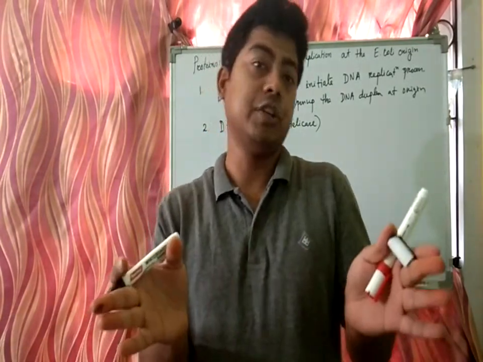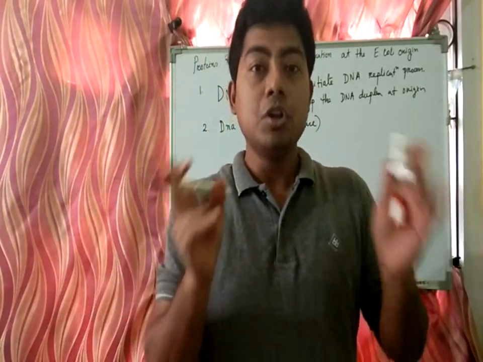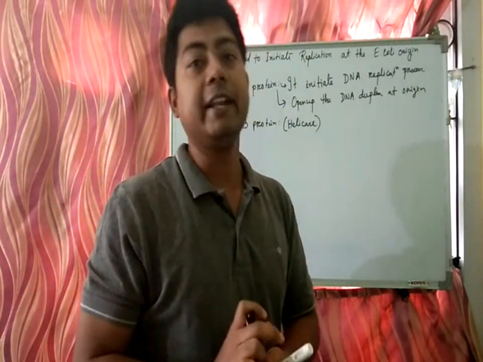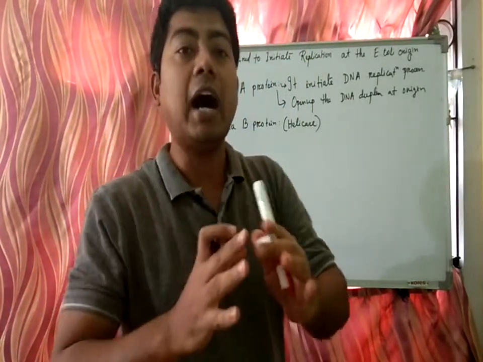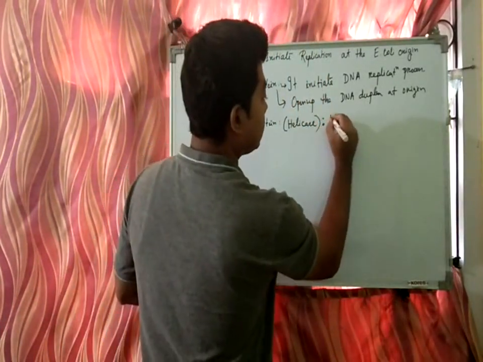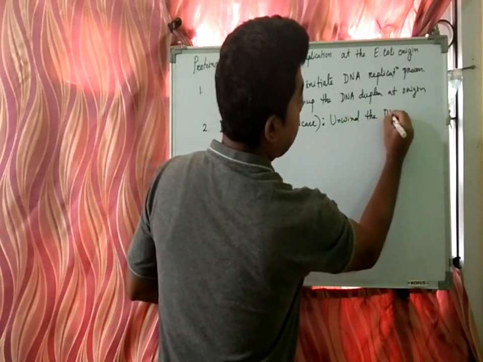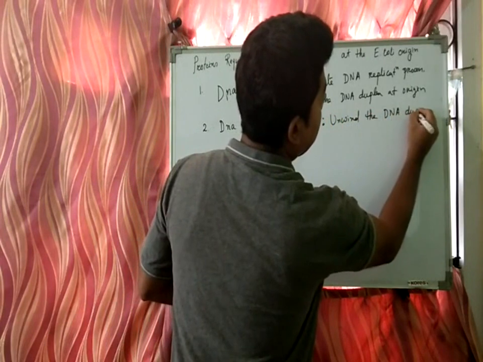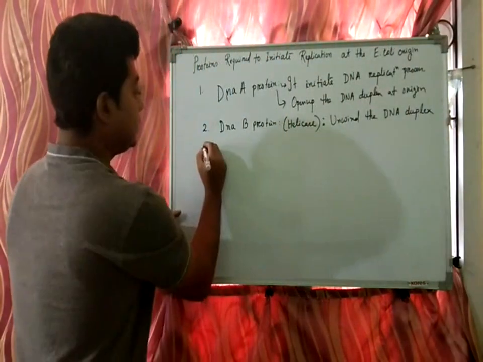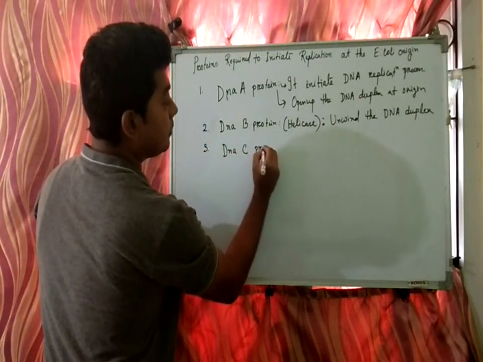To separate this double-stranded DNA molecule, hydrogen bonds will be broken. So this DNA B protein or helicase is involved in that process, that means to unwind the DNA duplex.